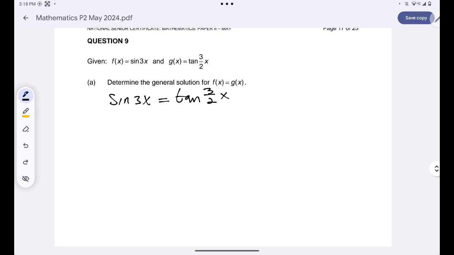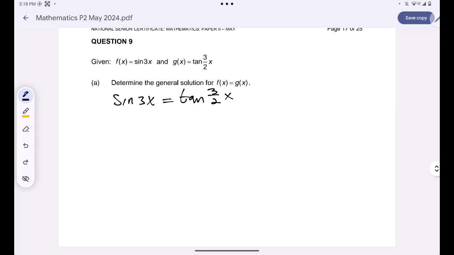The first thing I need to do here, guys, I have sine 3x and I have tan 3 over 2x on the other side. I know that 2 multiplied by 3 over 2 will give me 3. So this simply means I can express this as a double angle. How so? I can write it as sine of 2 multiplied by 3 over 2x.